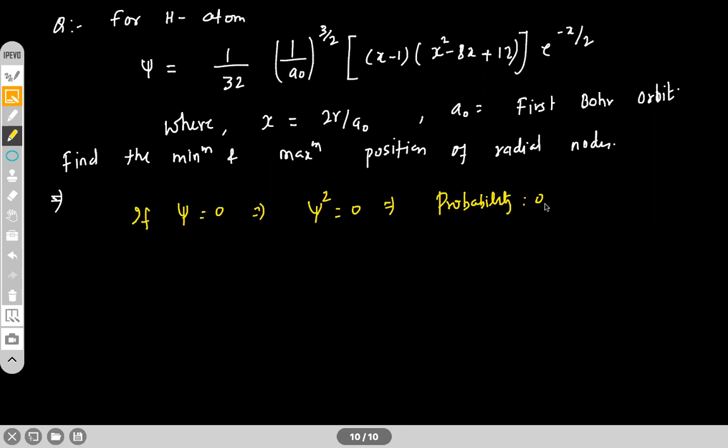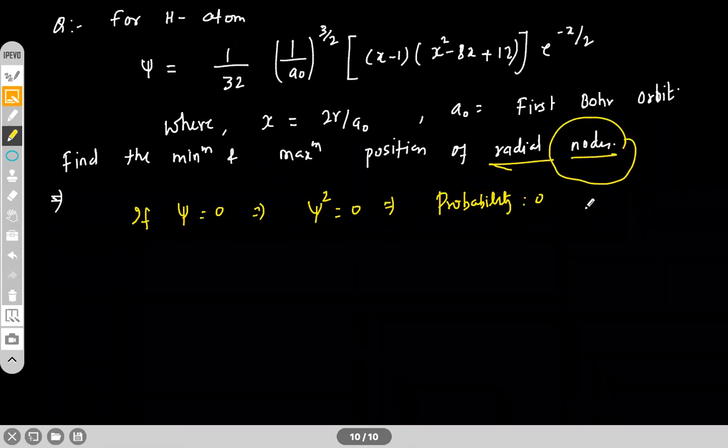So when the probability of finding an electron is zero, that particular surface is a nodal surface, correct? So we need to find for what value of r this psi becomes zero. In other words, find the minimum and maximum position of radial node. When they have mentioned node, you have no other choice but to substitute psi equal to 0. Did you get it?